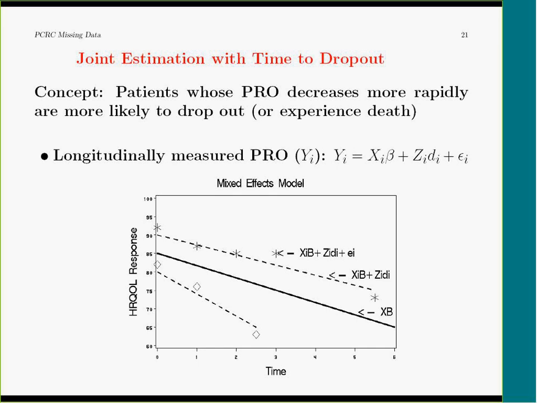So we have a longitudinally measured outcome, and in this case what I'm showing is a mixed effects model. You can see that this is the overall average, and then subjects, these dashed lines, differ by random effects. So there may be random differences in the intercepts and in the slopes between patients.